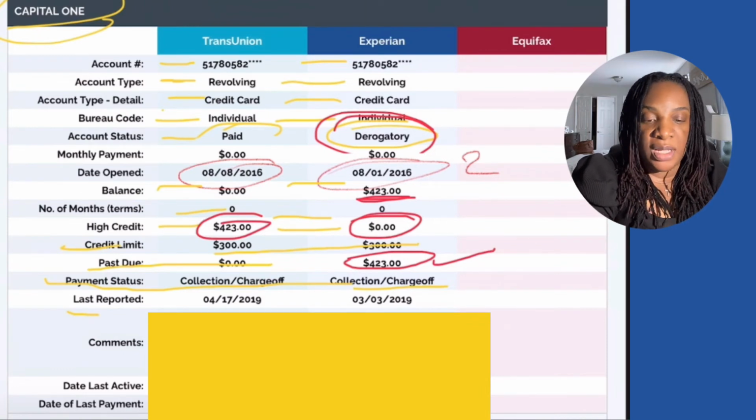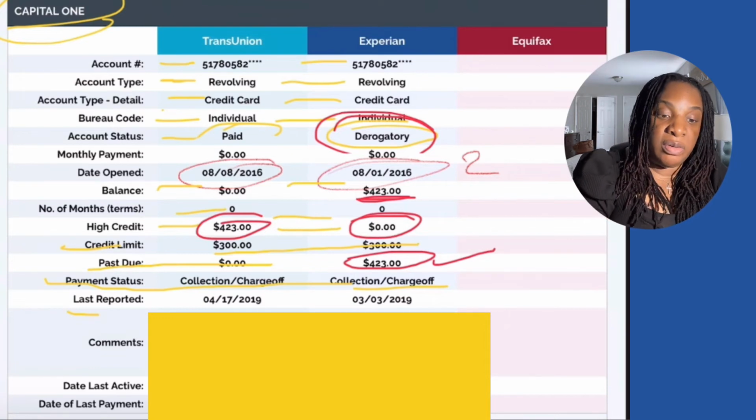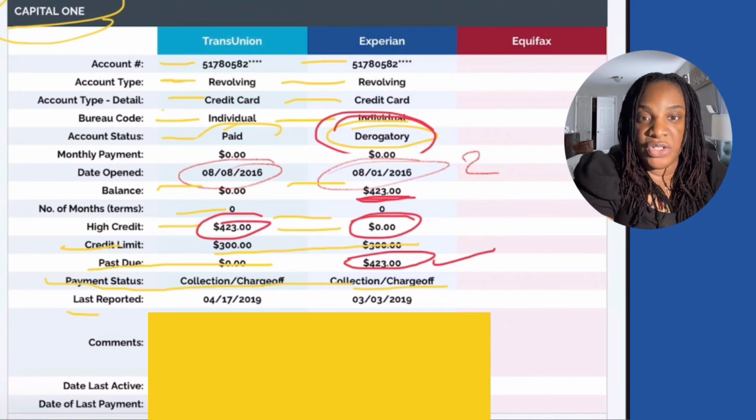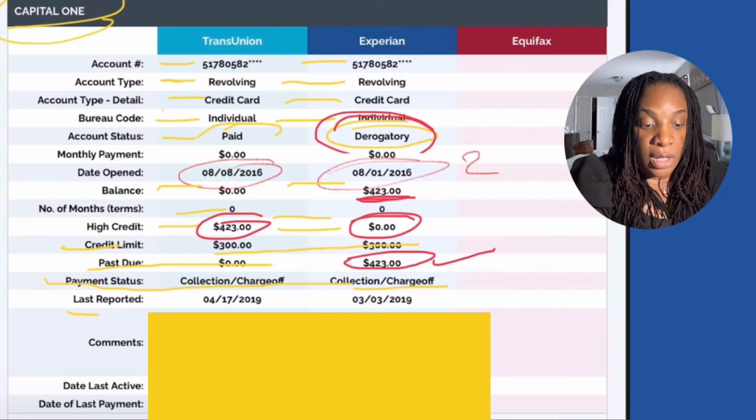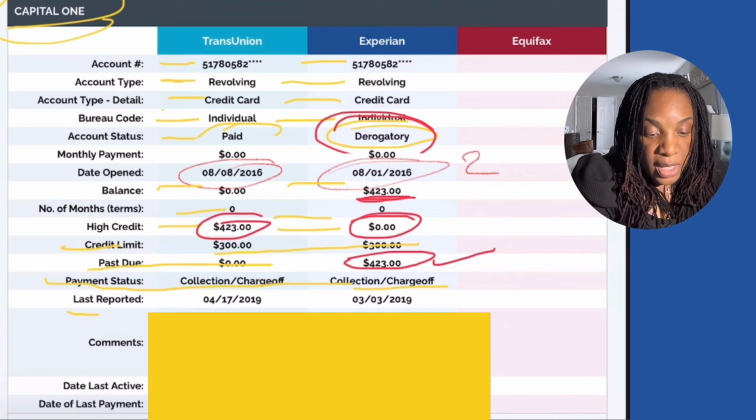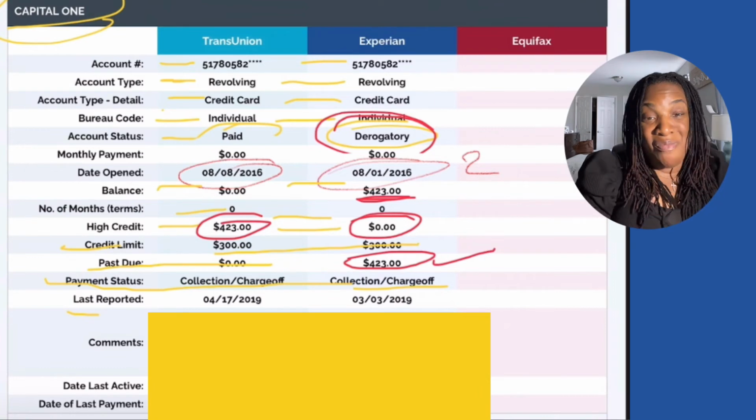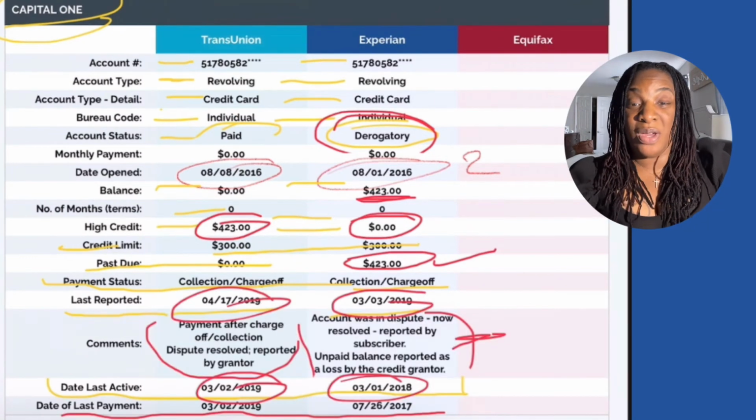The company Capital One is not going to report to Experian one day and then report to Equifax the next day, and then TransUnion 2 months later. That just doesn't happen. They report to whoever they're going to report to all together. So 100% dispute reasons.